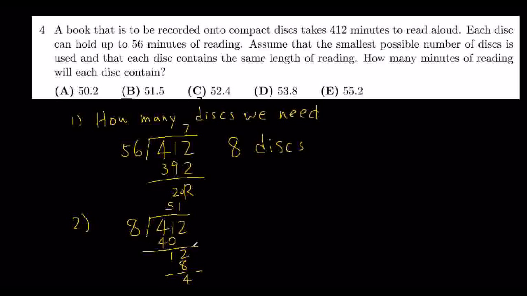Another 40, right? And this is 5. I'll give 40, right? 0. So the answer is 51.5 minutes per disk. That is answer B.